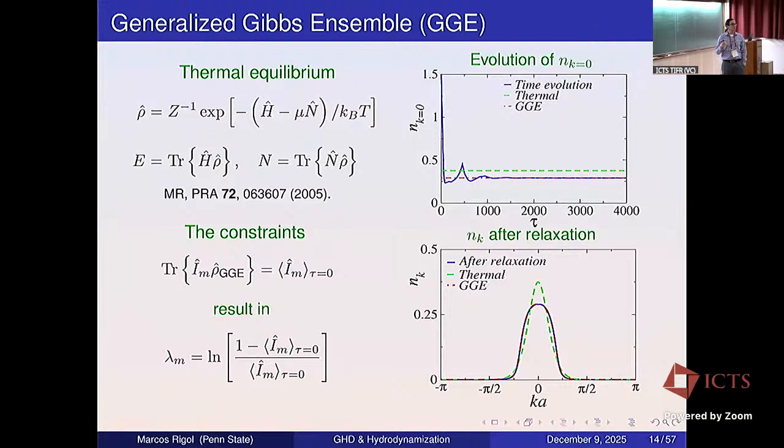You can use a perfectly well-defined grand canonical ensemble to describe this. So that essentially settles those two questions: equilibration occurs under unitary dynamics, and in integrable systems we have an ensemble that allows us to describe observables after equilibration.